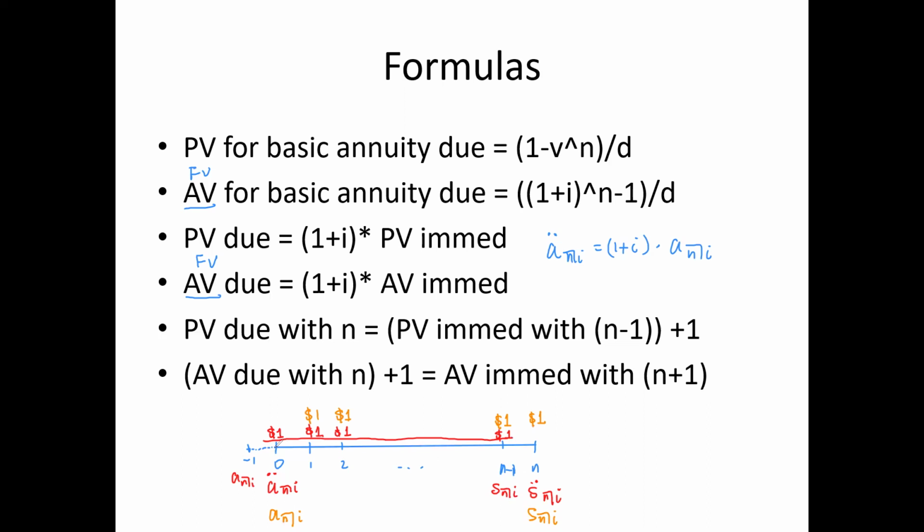If you consider starting from -1, 0 to n minus 1, you still have n periods, and each $1 happens at the end of each period. So it's S sub n angle I at time n minus 1. So we also have this property: S double-dot sub n angle I equals 1 plus I times S sub n angle I.